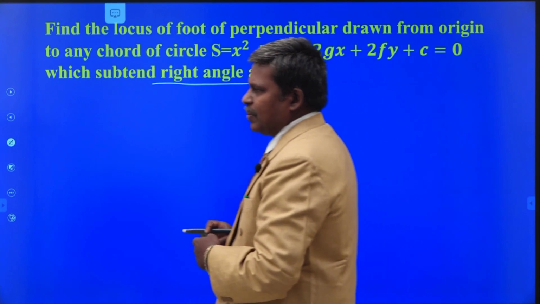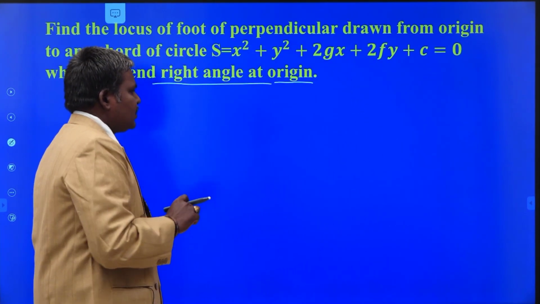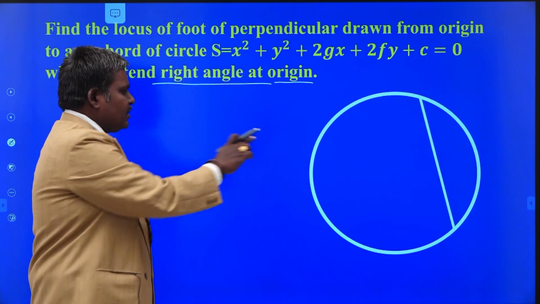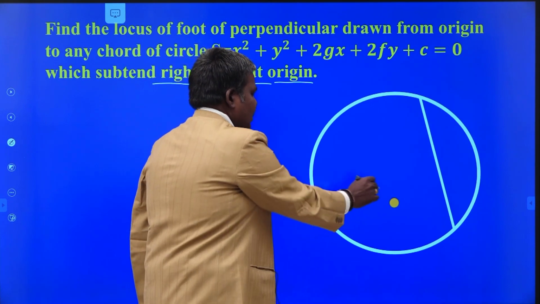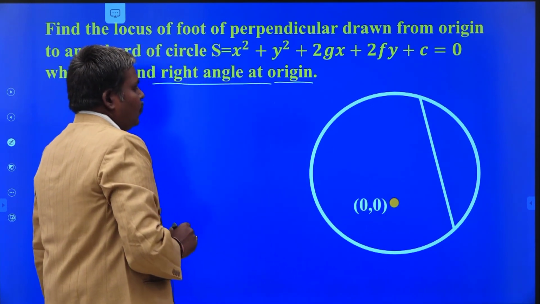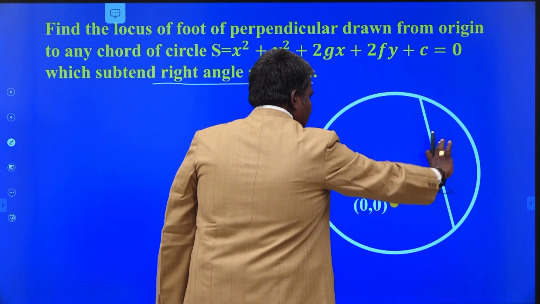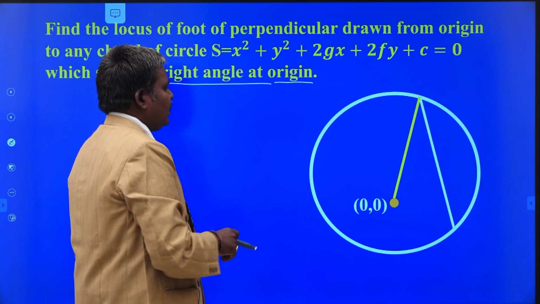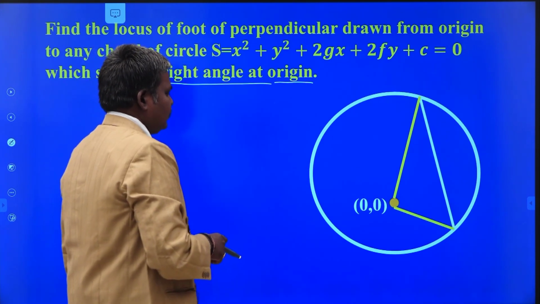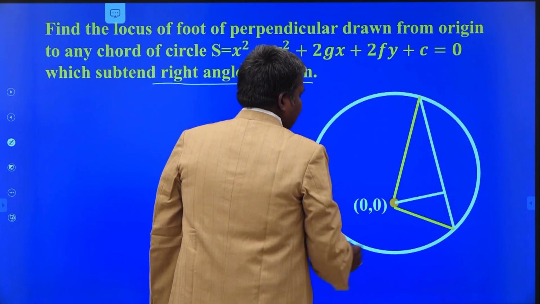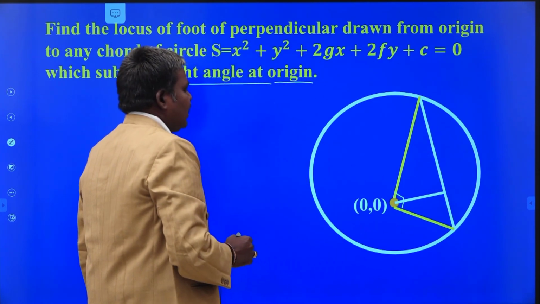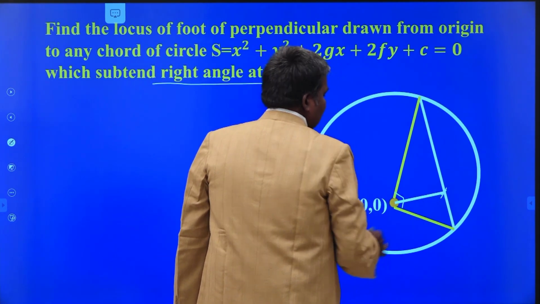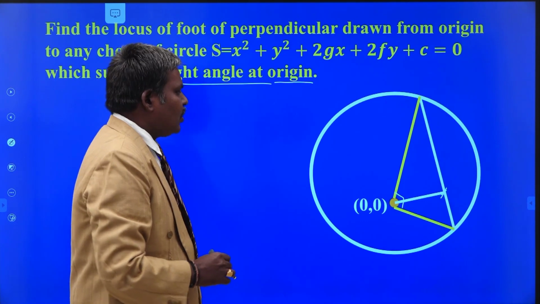So, to explain this problem, I have to draw the diagram. See here, this is the circle. This is one of my chords. And this is the origin. Now, suppose my chord subtends an angle of 90 degrees at this origin, that is, joining the points of intersection to my origin. This is 90 degrees. You have to find the locus of the foot of the perpendicular drawn from the origin to these chords.